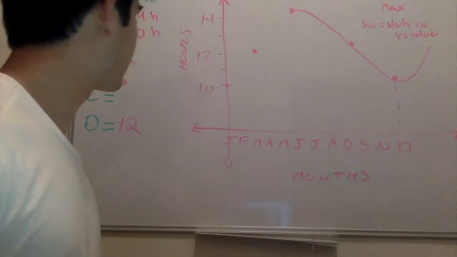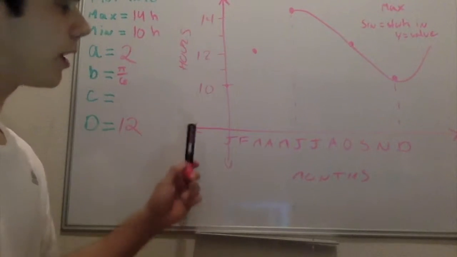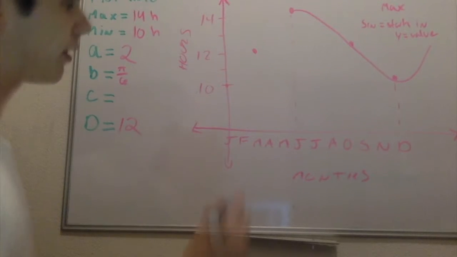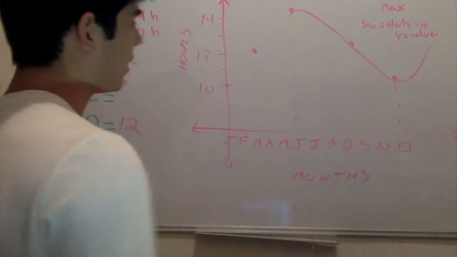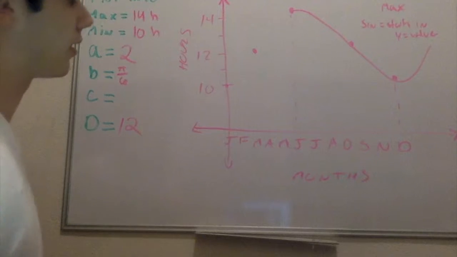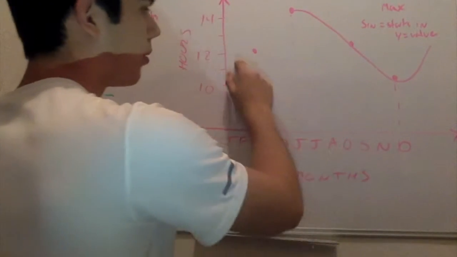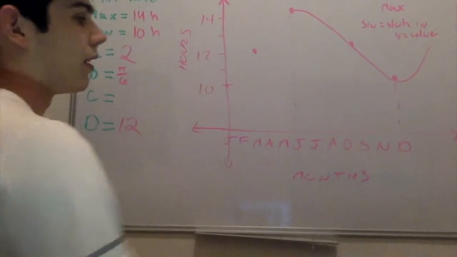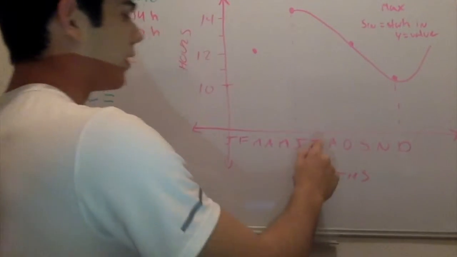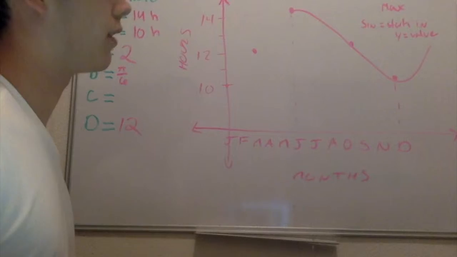Now to look for letter C, we will visualize the graph. We plot every month in the x-axis and the hours in the y-axis. We plotted March and September in 12 hours, like the problem said, December in 10, and June in 14.